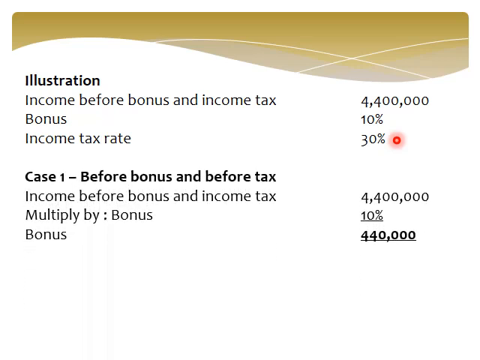This is very simple because our base is the income before bonus and income tax, and the 4.4 million is given. So income before bonus and income tax, 4.4 million, multiplied by the bonus rate of 10%, gives a bonus of 440,000. To journalize, debit bonus expense, credit bonus payable of 440,000.